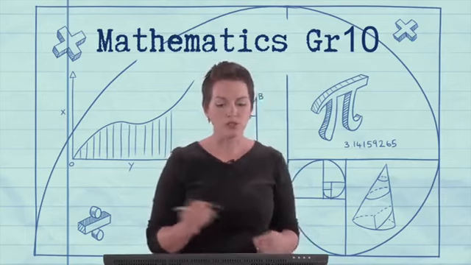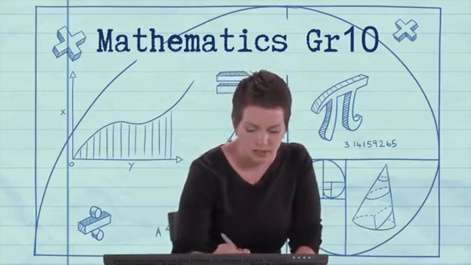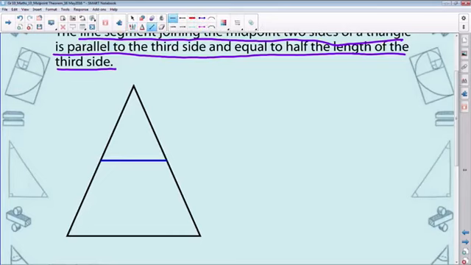Okay, so to prove this, I'm going to make a construction. And a construction is a drawing that I'm going to add myself. Let's not start with that line. Let's just get rid of it quickly. I'll drag it to over here.